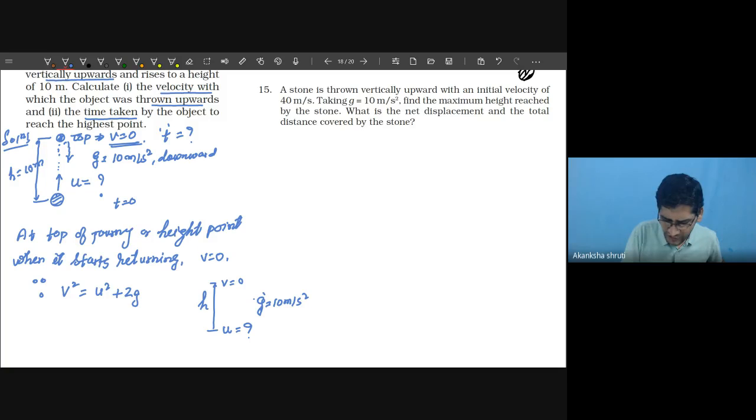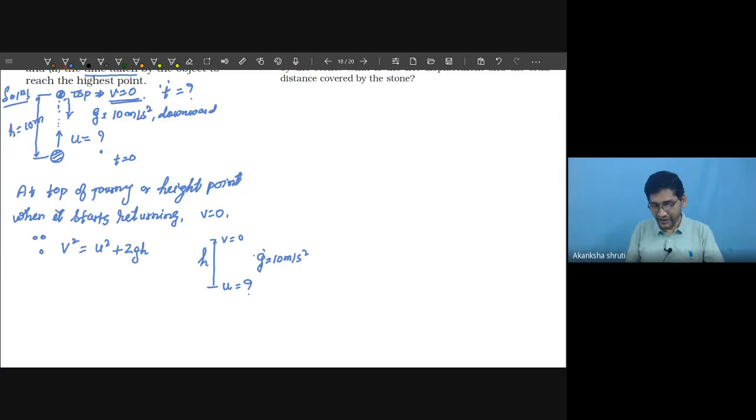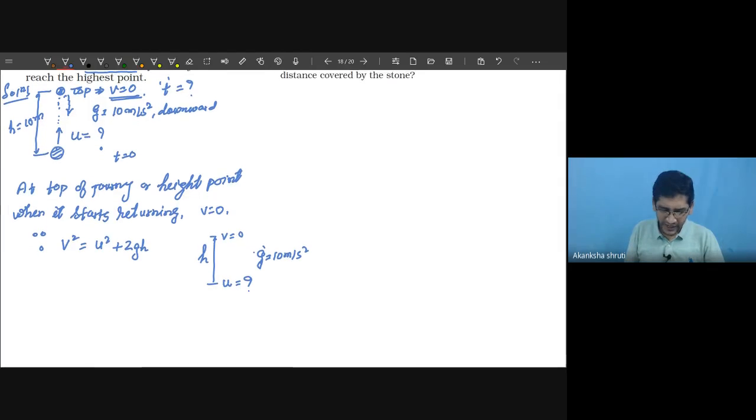Now we have to substitute the values of u, v, h and g in this formula with proper sign. Sign is very important. Student, when the body is thrown upward, we can take the upward direction as positive, but g is acting downward, so g can be taken as negative. So when the body is in upward motion, we replace this positive sign by the negative sign, which we have already learned.